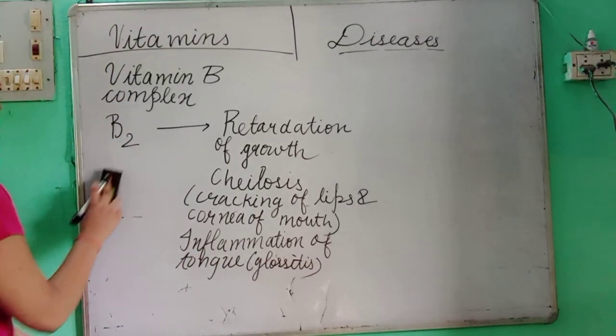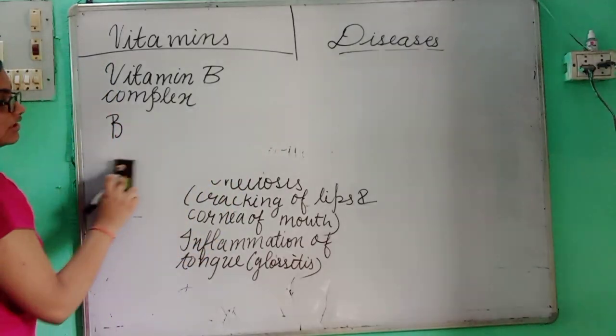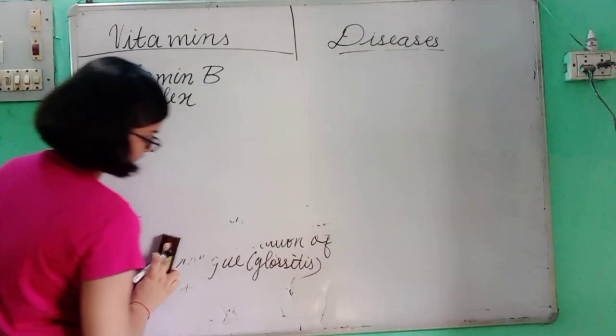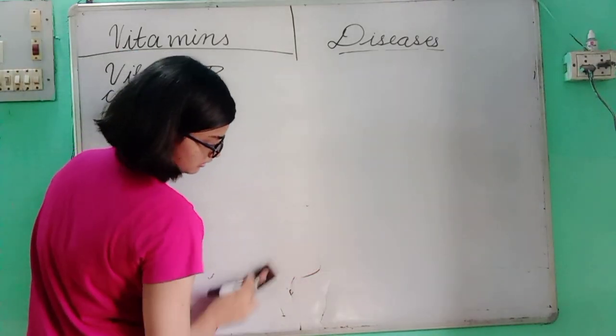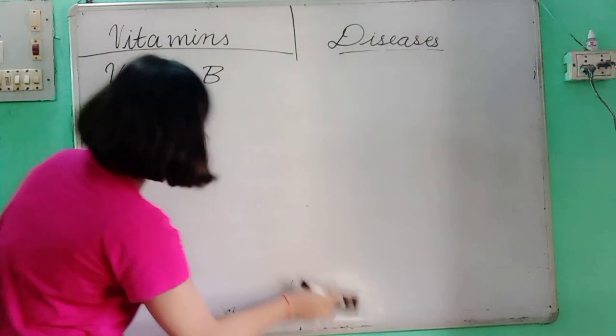Let us move on to vitamin B3. It causes graying of hair, then it also causes retardation of body and mental health, and it also causes dermatitis.